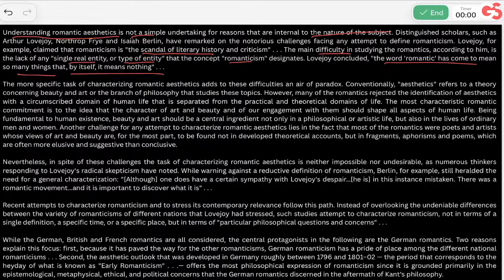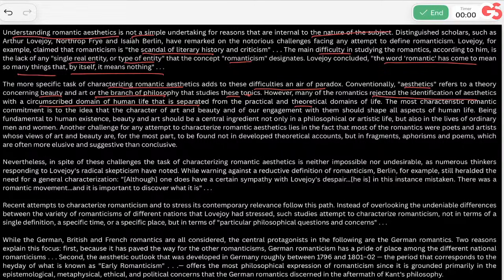Okay. The more specific task of characterizing romantic aesthetics adds to these difficulties an air of paradox. Conventionally, aesthetics refers to a theory concerning beauty and an art of the branch of philosophy that studies these topics. However, many of the romantics rejected the identification of aesthetics with a circumscribed domain of human life that is separated from the practical and theoretical domains of life. ठीक है.